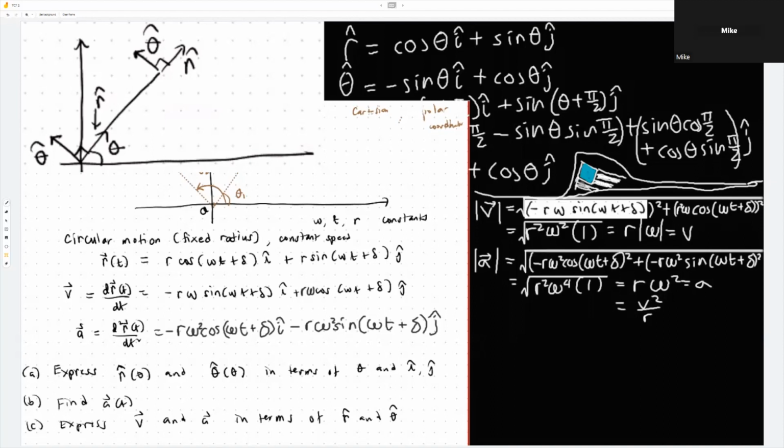Okay, what else? Factor out the negative omega squared from the acceleration. What do you notice?